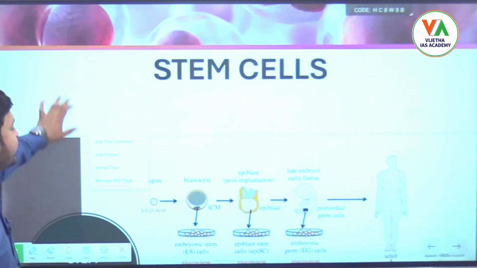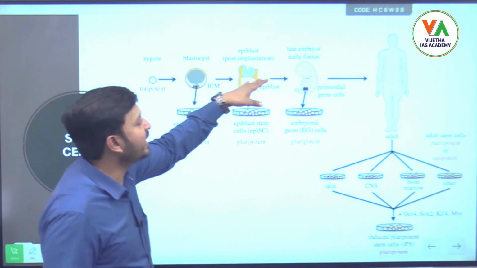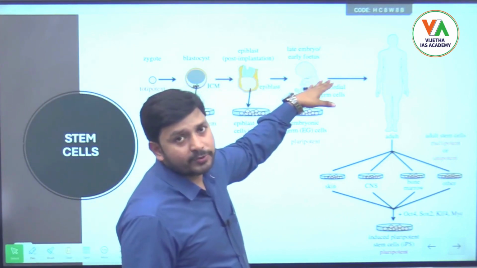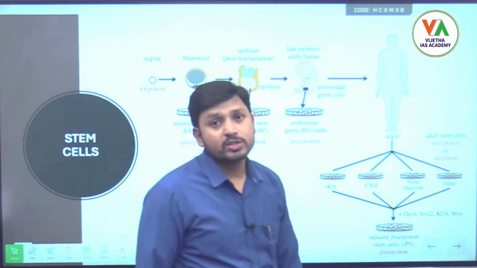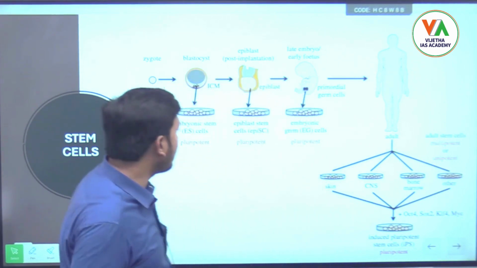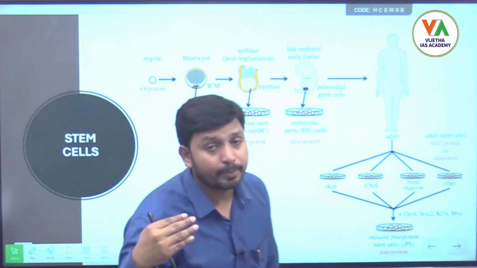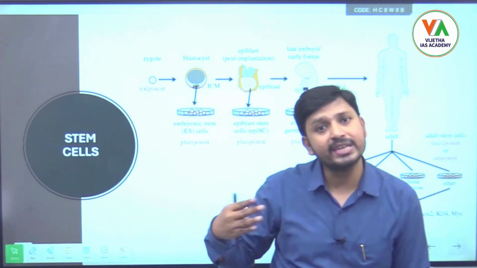Okay, so stem cells. If you see zygote, blastocyst, and finally it will lead to the forming of a baby and adult, right? There are different types of stem cells, and there are certain properties of stem cells. First we'll see the properties of the stem cells, and then we'll see the different types.